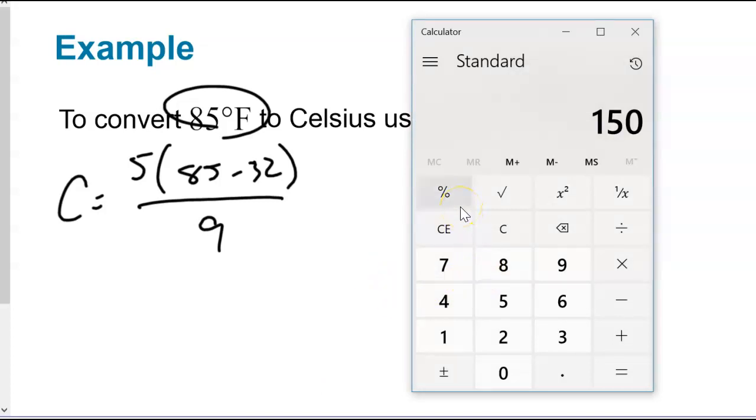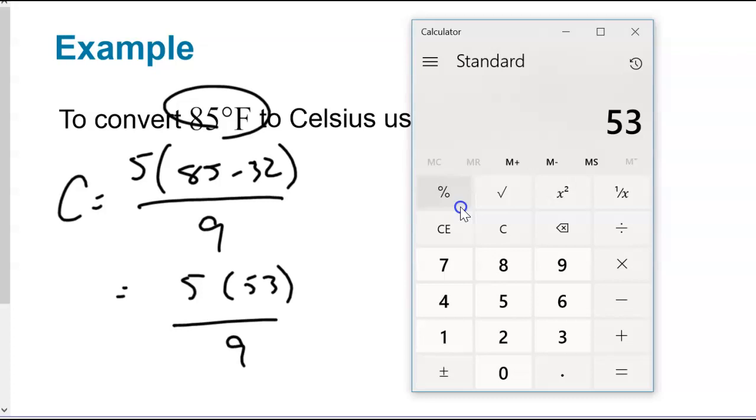So 85 minus 32 gives us 53. And so we're just going to bring this problem down. 5 times 53 over 9.